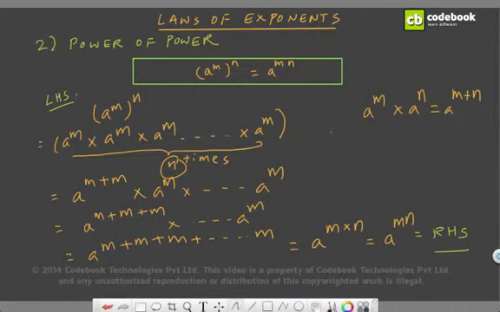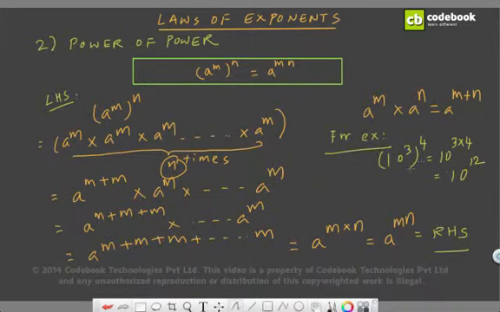So for example, 10 raised to the power 3 raised to the power of 4 is equal to 10 to the power of 3 times 4, which is equal to 10 raised to the power 12.